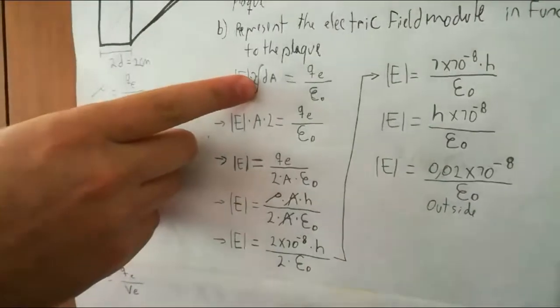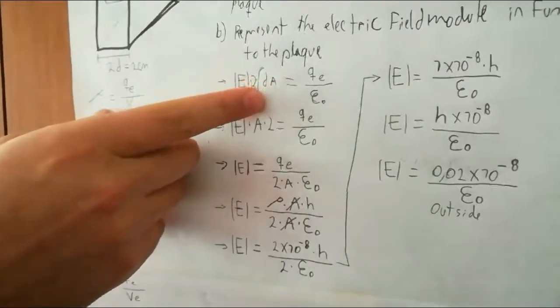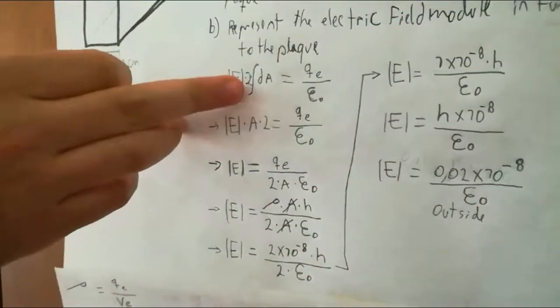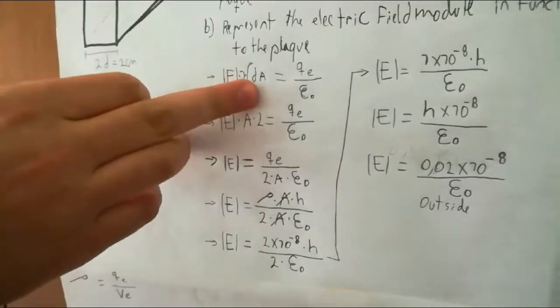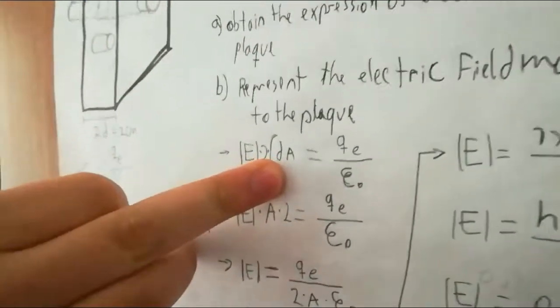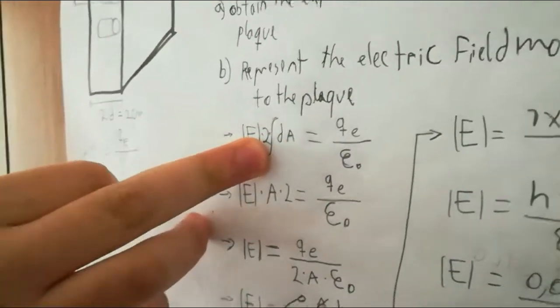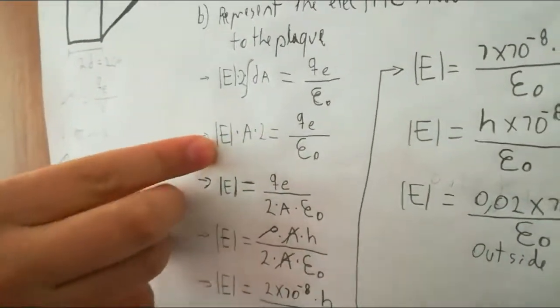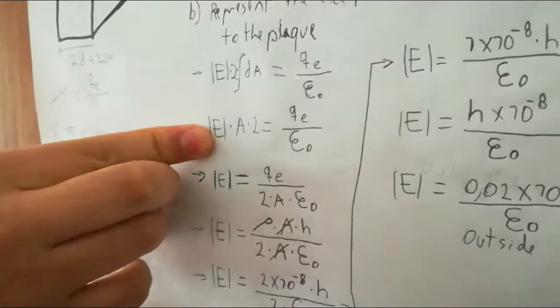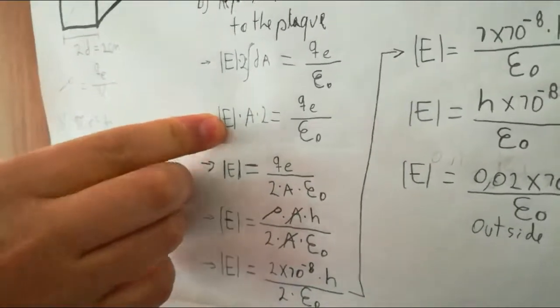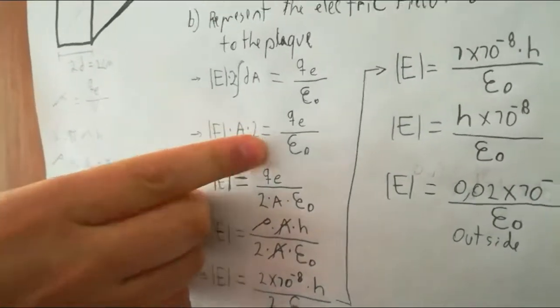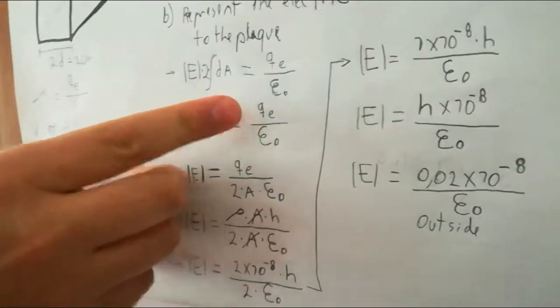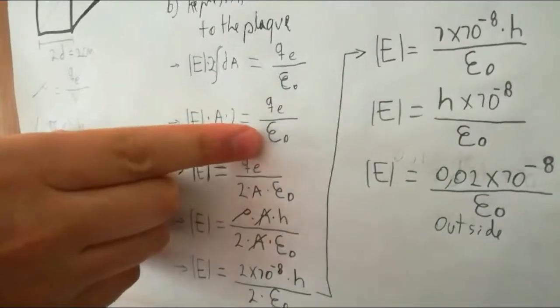So what we're going to do next is solve this integral. Because we have the integral of the differential of A, it is going to disappear and we're going to get only A. So the magnitude of the electric field multiplied by the area multiplied by 2 is going to be equal to the enclosed charge over the permittivity of the vacuum.